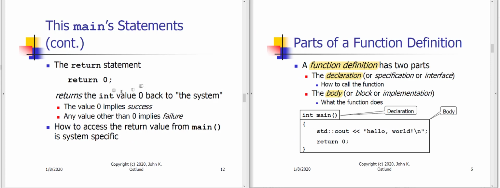Okay, so the second statement in here is return 0. And we see that that causes the value 0 to be passed back to the system. And we've seen that if we're using a Linux or Unix system with a shell such as the bash shell, there's a special variable $? that we can use to see that value. On other systems, or with other shells, there are other conventions.